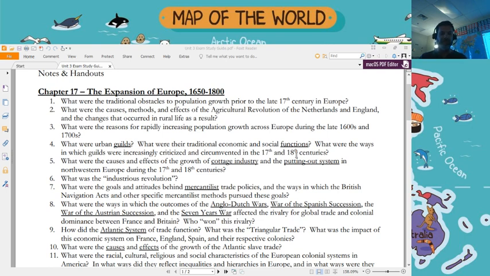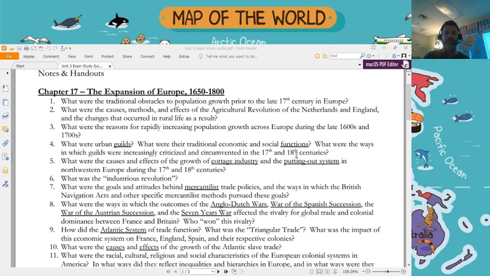Economically, this allowed people who owned land in those colonies to derive a huge amount of profit from what they were doing, and once again led to more consumption of things like sugar and coffee back in Europe.